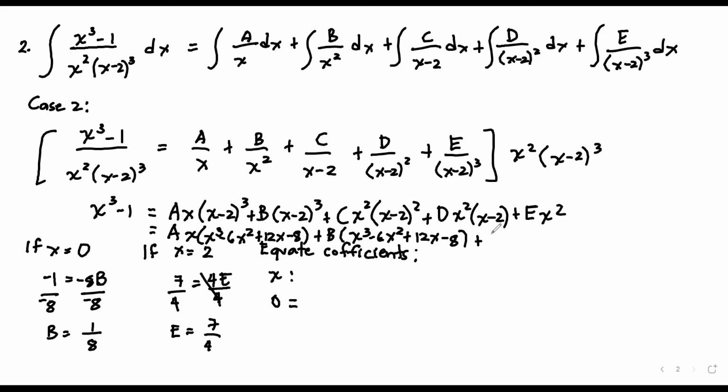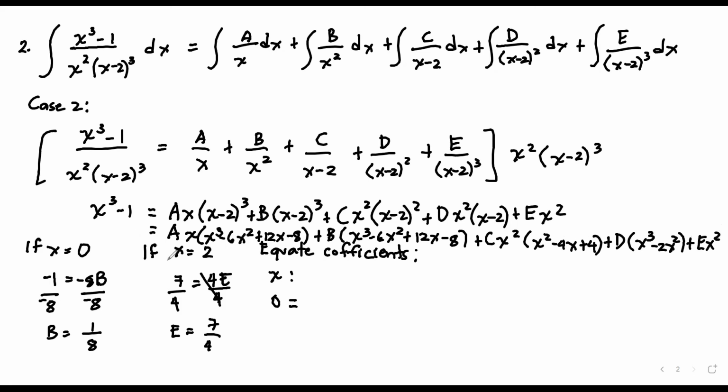And here, plus 6x squared, squared of x minus 2, x squared minus 4x plus 4. Plus d times x cubed minus 2x squared. Plus e x squared.